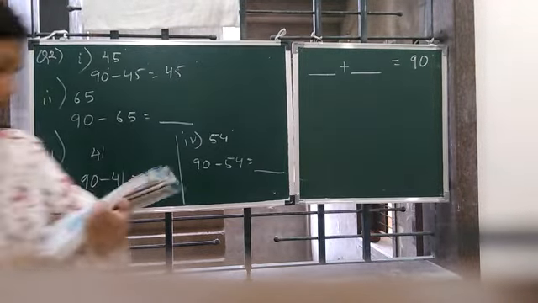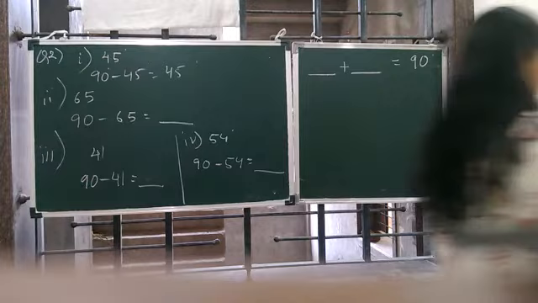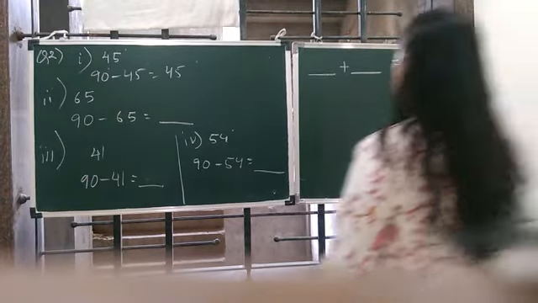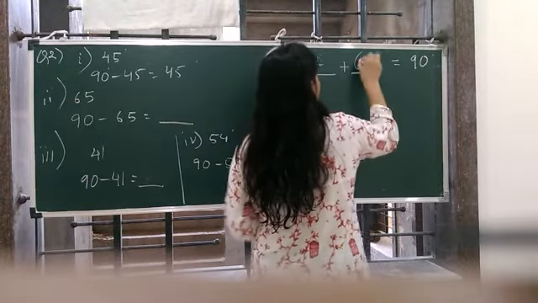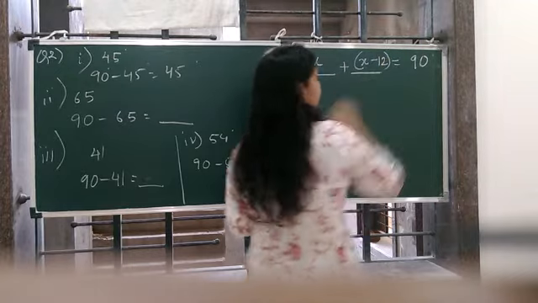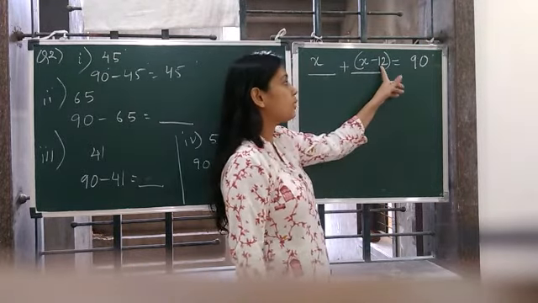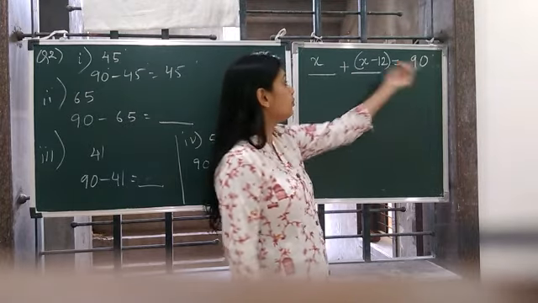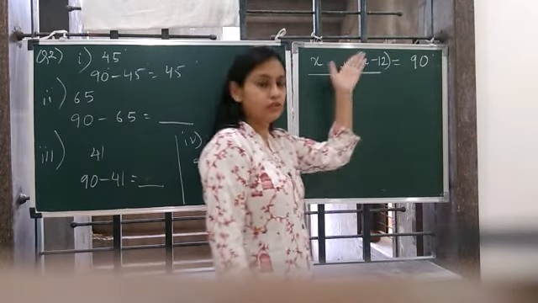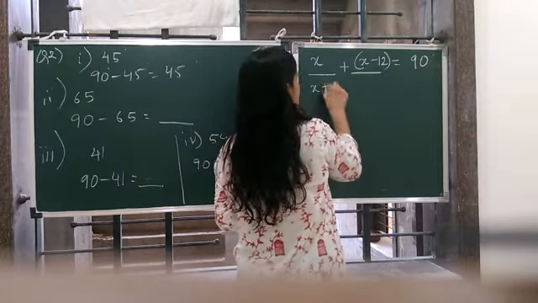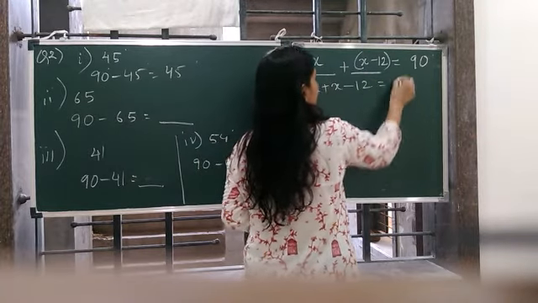If one is x, the other will be x minus 12. Yes or no? And when we add the two, we will get 90 degrees. So we got our equation: x plus x minus 12 is equal to 90.